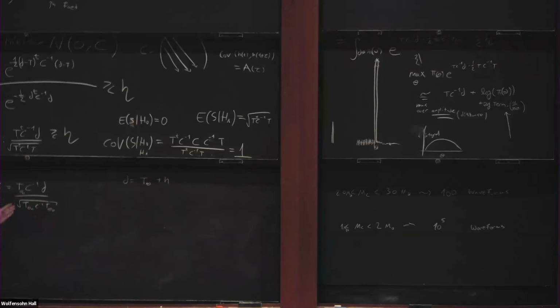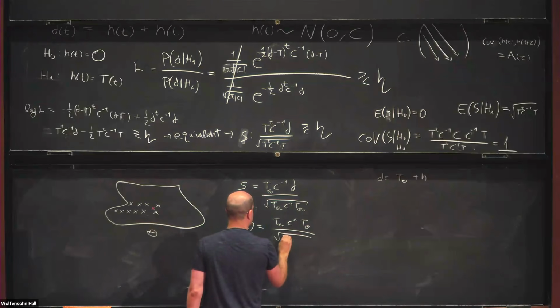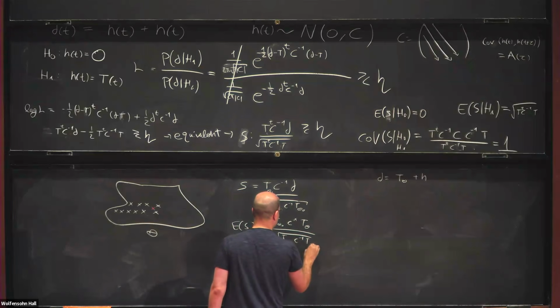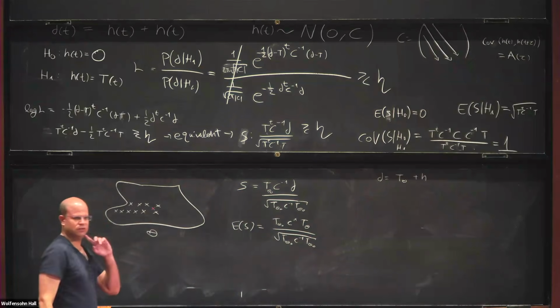Because this is the formula I'm going to compute. So let's see what actually is going to happen if I have the wrong template. If I have the wrong template, then the expected value of S is t(theta 0)^T C^-1 t(theta). Okay, so this is what I'm going to have.